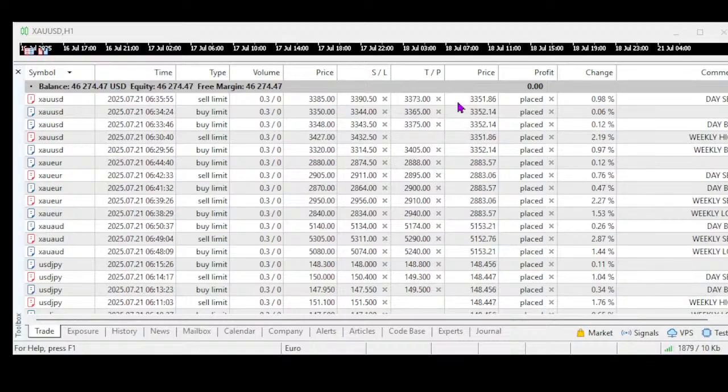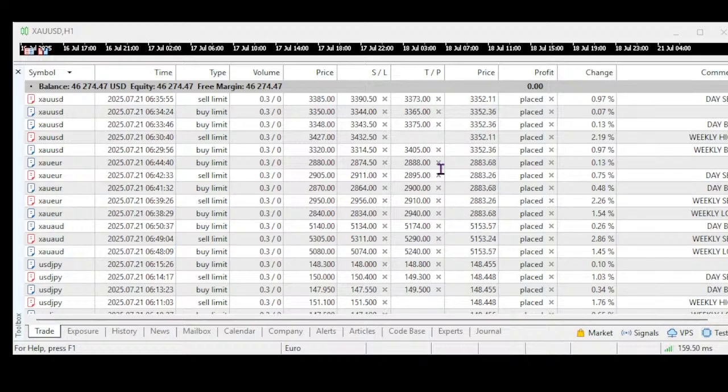Okay, so selling at 5185. Okay, we'll put it as 5173 day order. Okay, day sell.